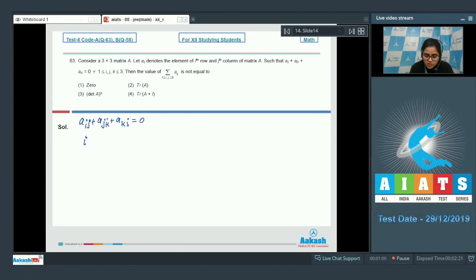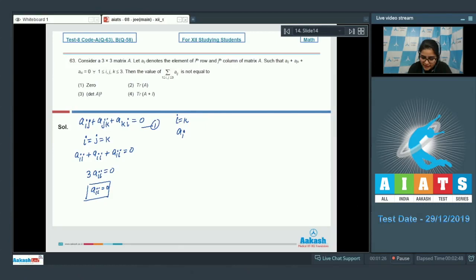So just substitute i equal to j equal to k. So you are getting Aii plus Aii plus Aii is equal to 0. So from here you are getting 3 times Aii is 0. So Aii is 0. Now just substitute i equal to k in equation 1.